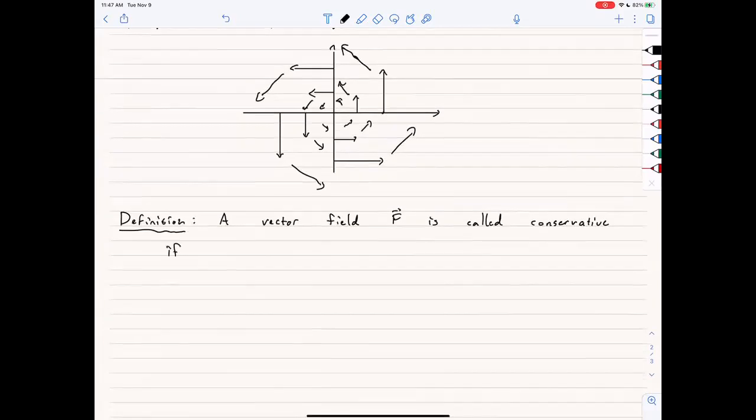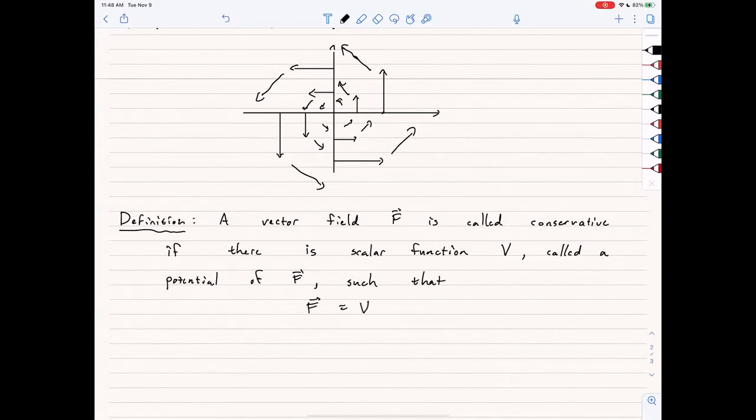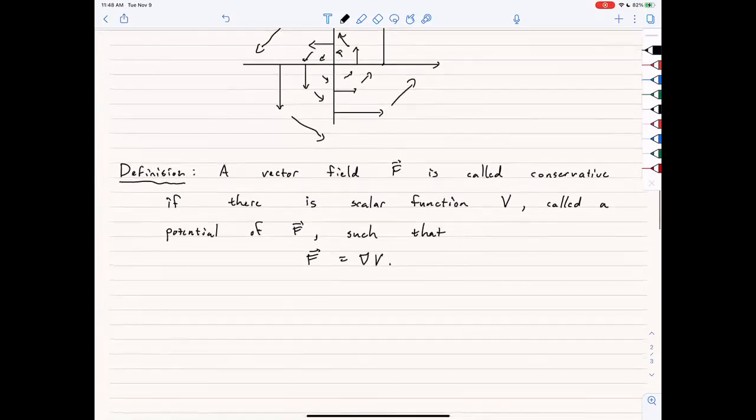If there is a scalar function, V, I use V, I don't remember what the book uses, called the potential, or a potential, it's not necessarily unique, of F, such that this vector field is equal to the gradient of V. Okay.